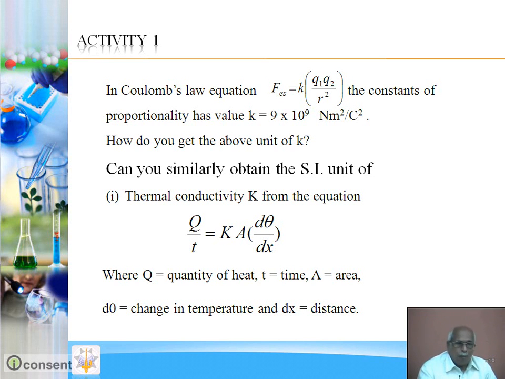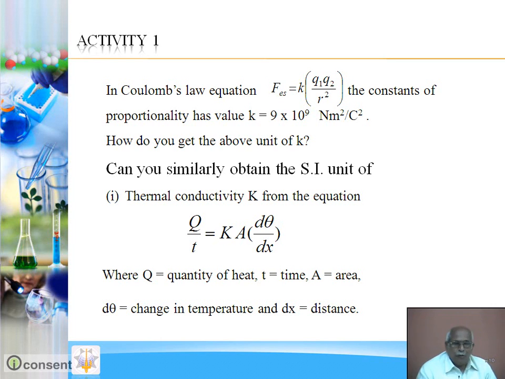The equation is Q upon t equal to K A into d theta by dx. Q is quantity of heat, t is of course time, K is the coefficient of thermal conductivity, A is area, d theta is change in temperature, dx is distance.